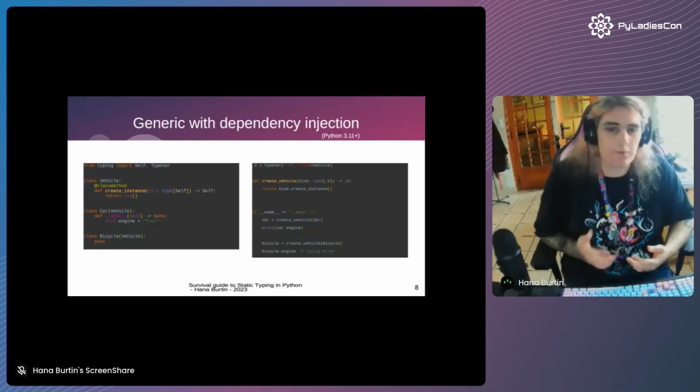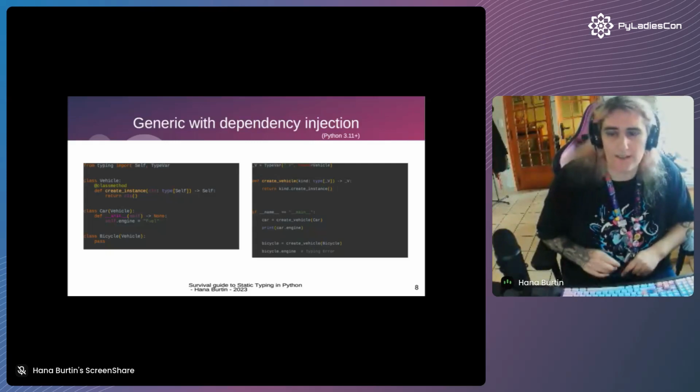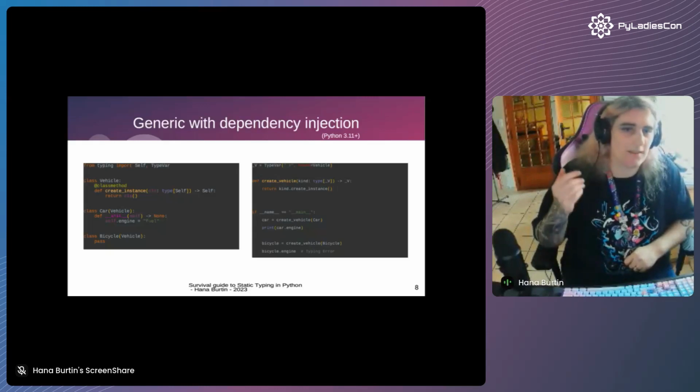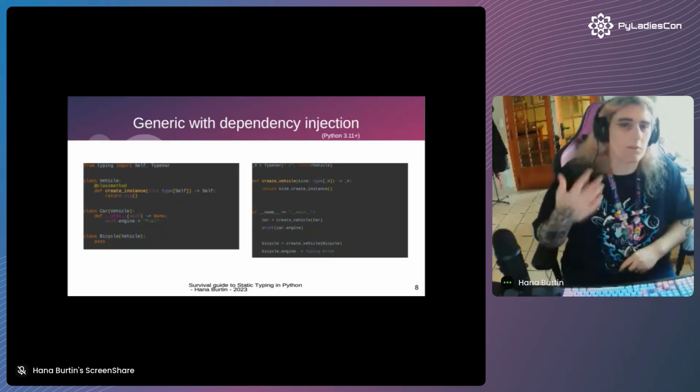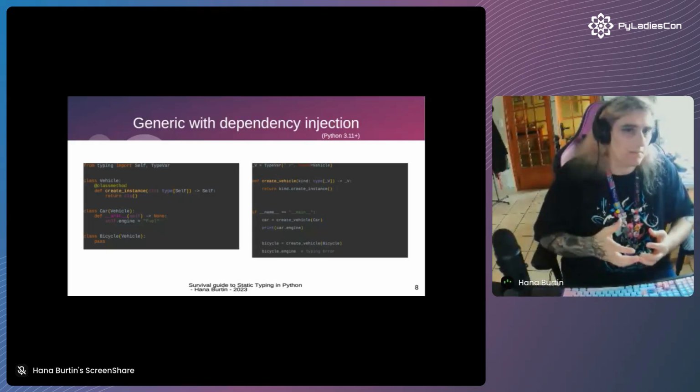So for this really simple example, I create a vehicle that has a create instance method that returns Self. And this create method, we can then use in another function that will take any subtype of vehicle as a parameter.